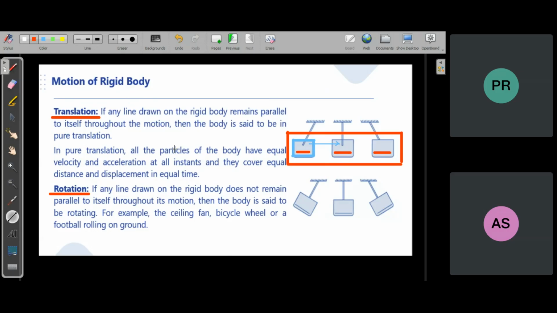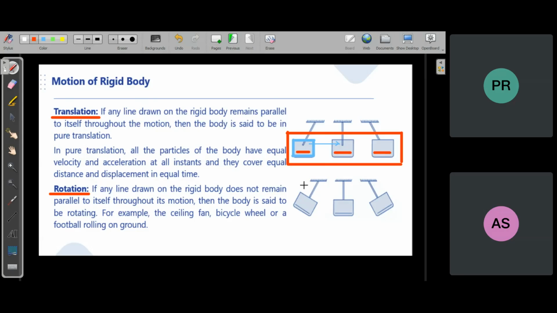But at any instant, the velocity of all particles of the body will always be the same. So at time t1, the velocity of all particles will have some same value. And again at time t2, all particles will again have the same velocity. Maybe the velocity at t1 and t2 is different, but all particles at every instant will have the same velocity. And they will cover equal distance and displacement in equal time.